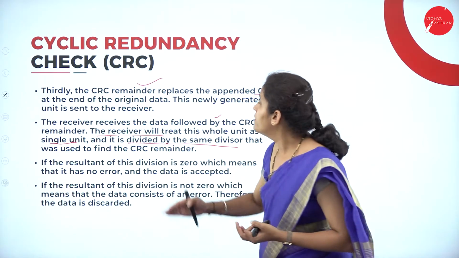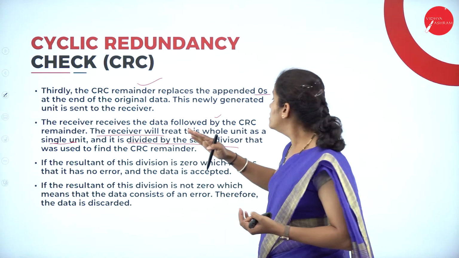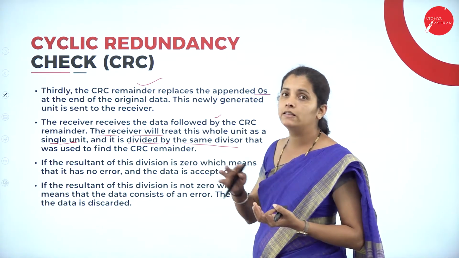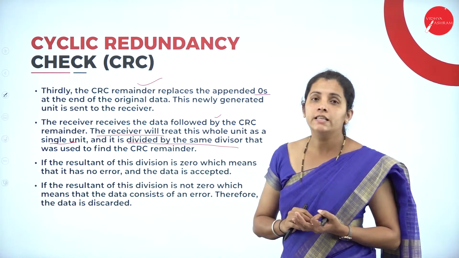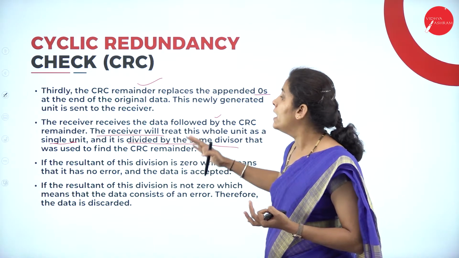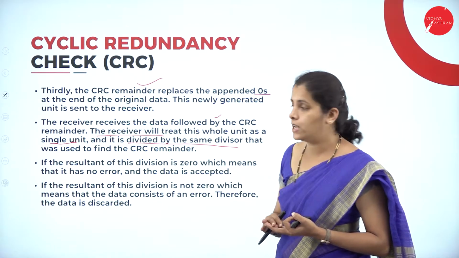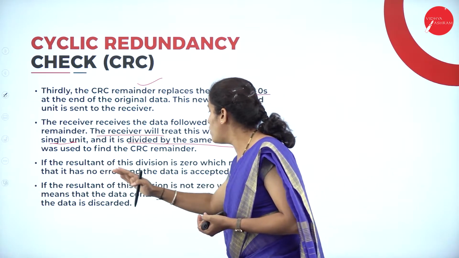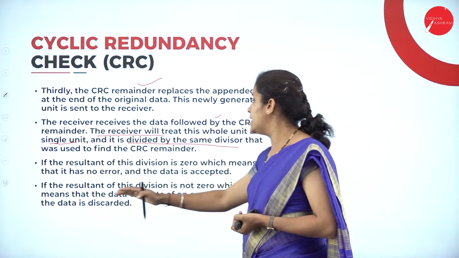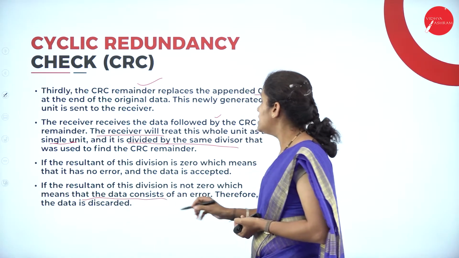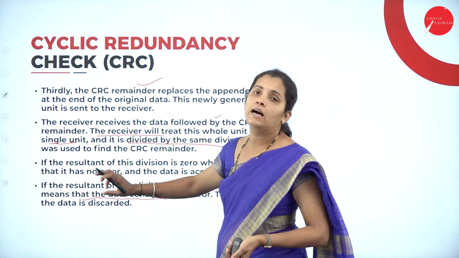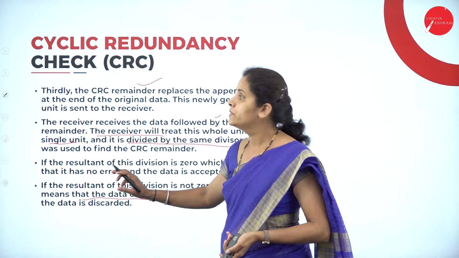So if the result of the division is 0, then it indicates that there is no alteration in the data bits. So accept the data. Else, reject the data. If the result of the division is not 0, which means that the data contains an error, therefore the data is discarded.